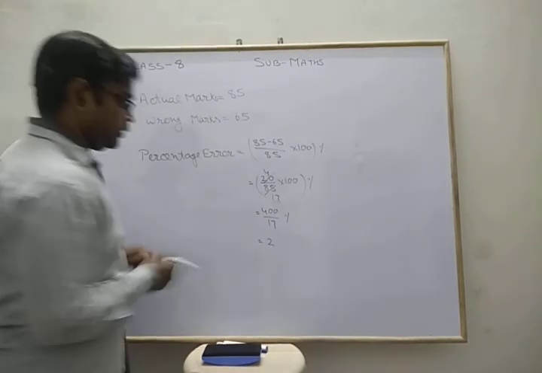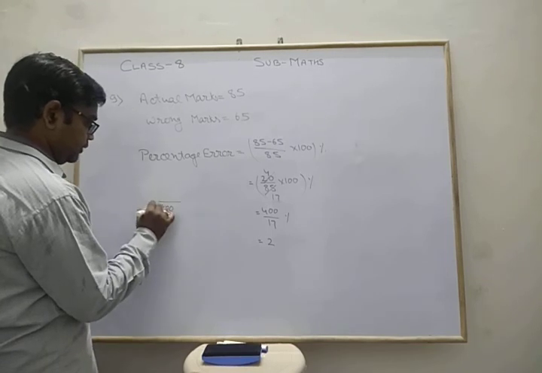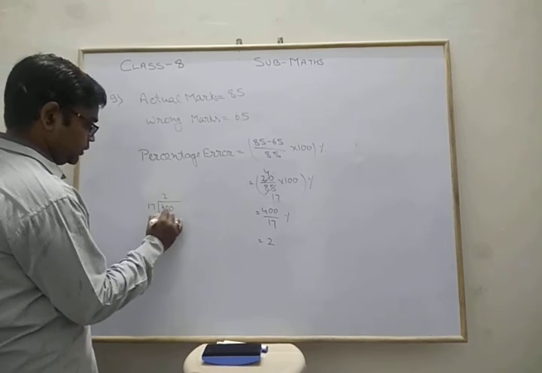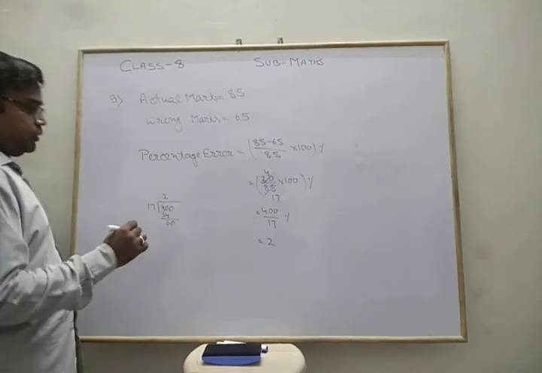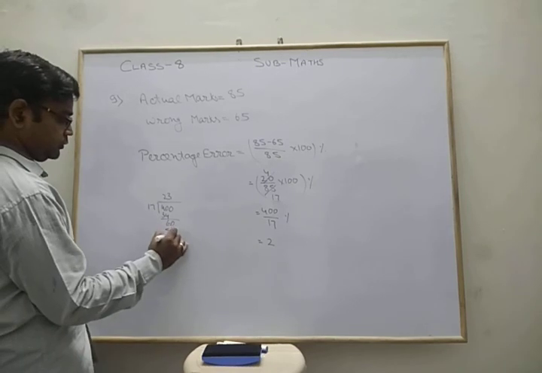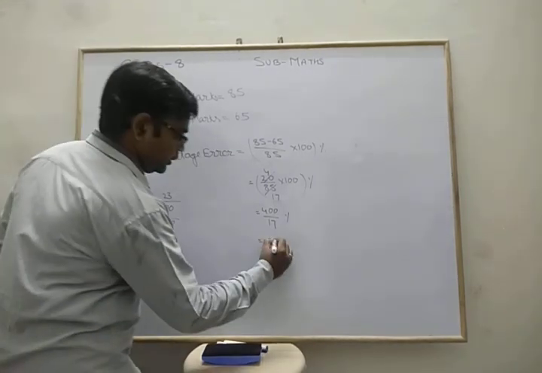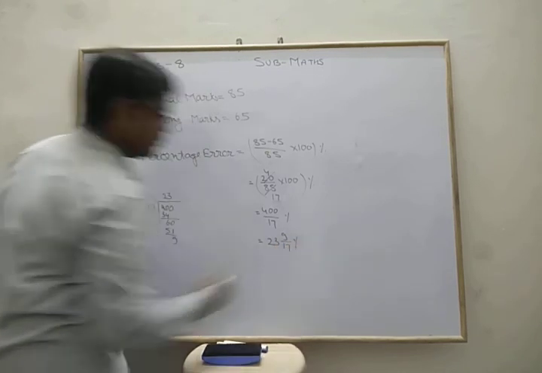I am going to convert into a mixed fraction. Divide 400 by 17, 17 2s are 34. So 23 and 9 upon 17%. This is your answer.